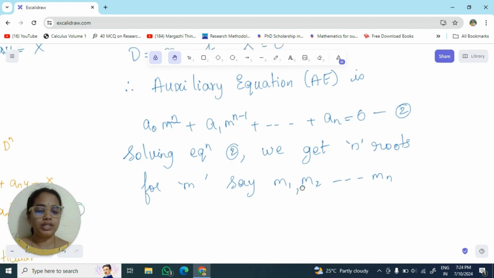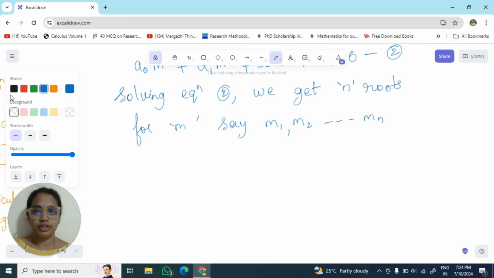Now these roots can be of 3 types, right? Let me take 3 cases over here. Case 1, say for example, the roots are real and distinct. Say for example, we got 1, 2, 3 or 1, 2 which are not equal and they are different, right?